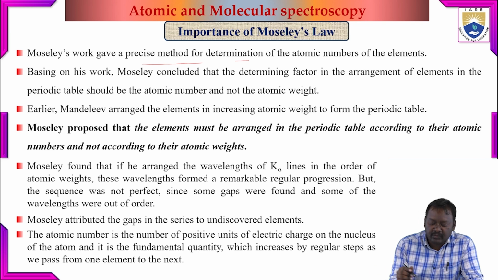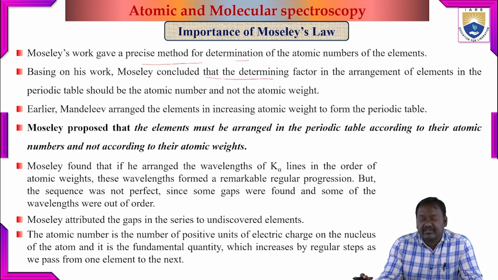Based on his work, Moseley concluded that the determining factor in the arrangement of elements in the periodic table must be atomic number and not atomic weight. In earlier times, atomic weights were given preference in order to arrange the elements in the periodic table. Later, when Moseley's work was precisely identified, atomic number was given preference in arranging the elements in the periodic table.